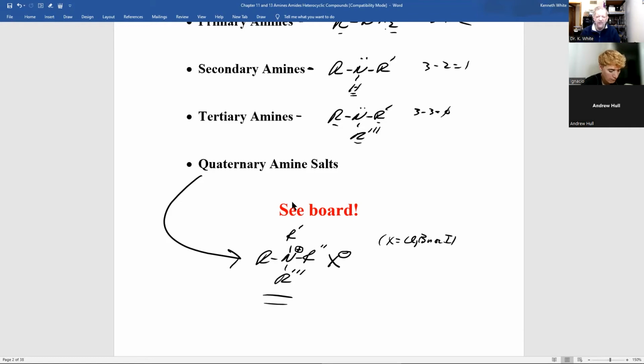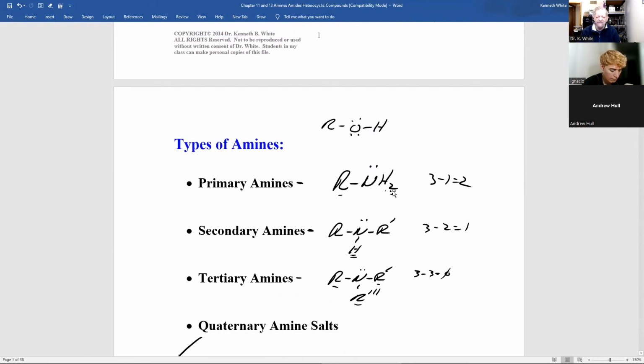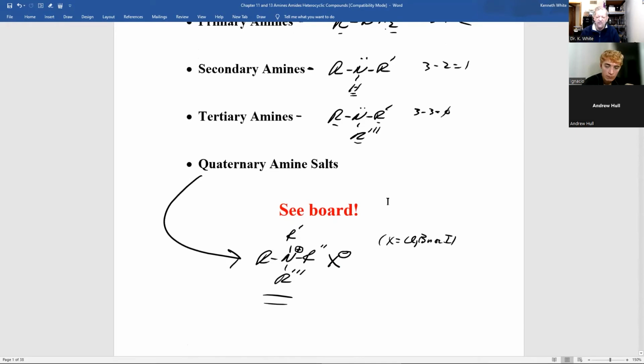And so you have a primary amine, secondary amine, tertiary amine, and quaternary ammonium salt. Now, I'll talk more about it later on, but one of the big uses for quaternary ammonium salts is fabric softener. If you use a fabric softener, the molecule that makes your clothing soft and also anti-static is a quaternary ammonium salt.